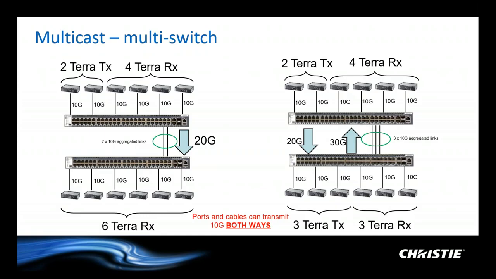I hope that's clear for everyone. So this is fundamental when you're designing your network in terms of links and bandwidth between them. The more you can balance the TX and the RX between the different switches, the less bandwidth you're going to require between the switches.